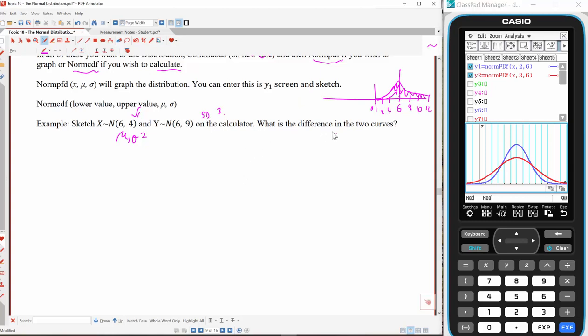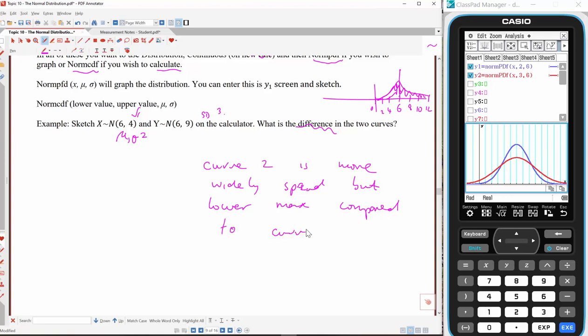So what's the difference between the curves? Curve 2 is more widely spread, but has a lower max compared to curve 1.